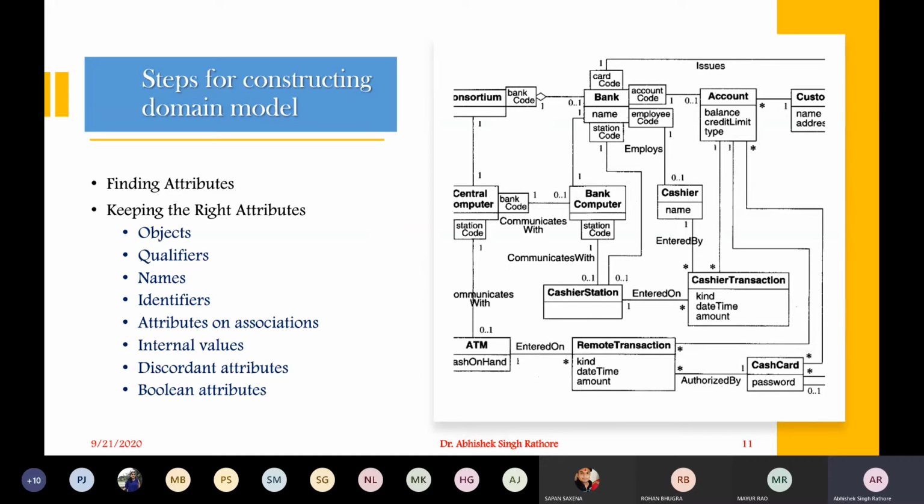So be cautious while identifying these, because many times students have some problem with identifying these objects and these attributes. So you should have a clear idea what are the attributes and what are the objects.